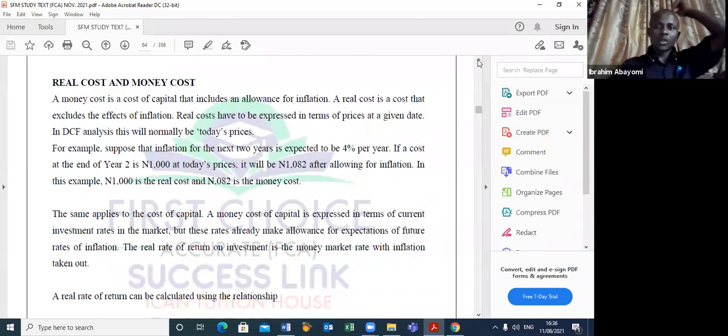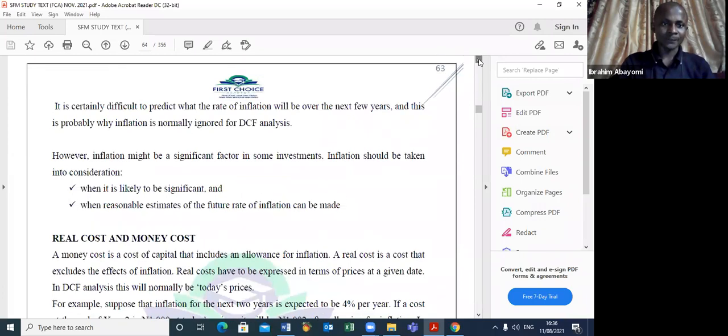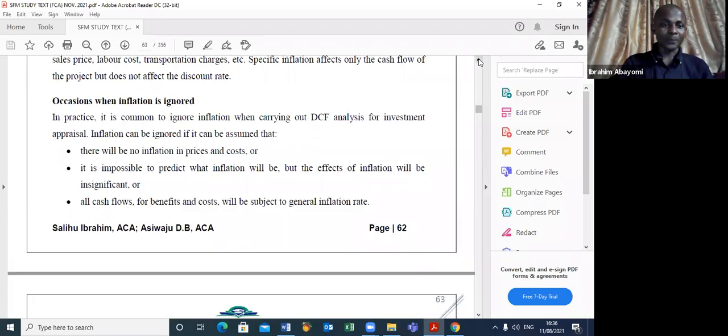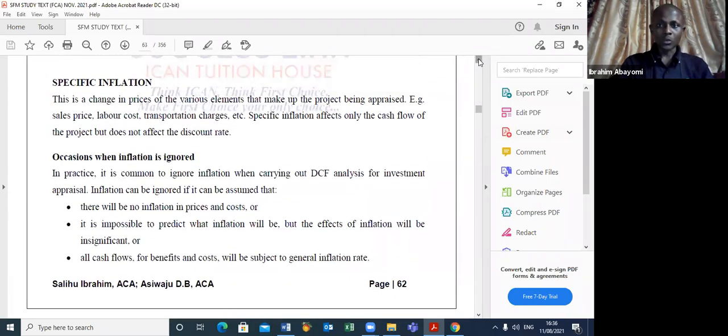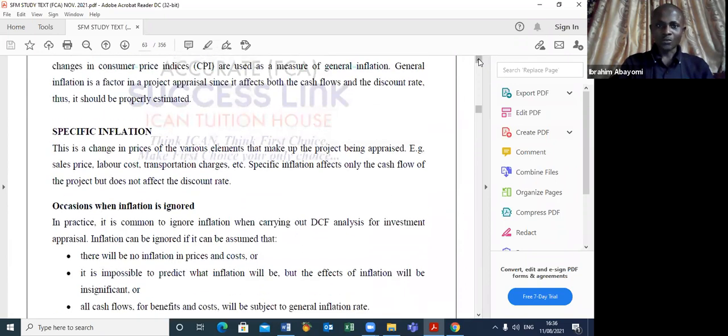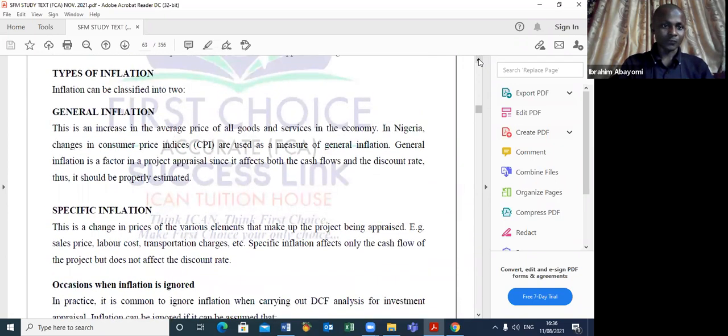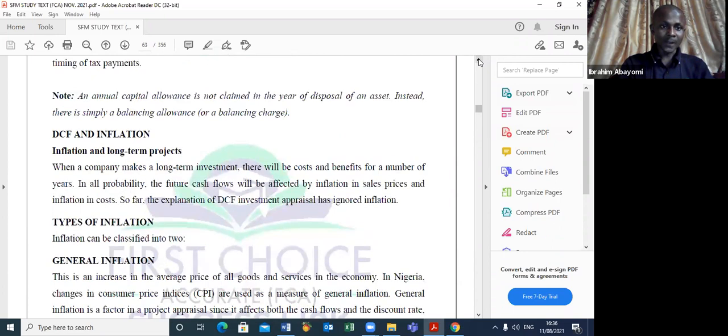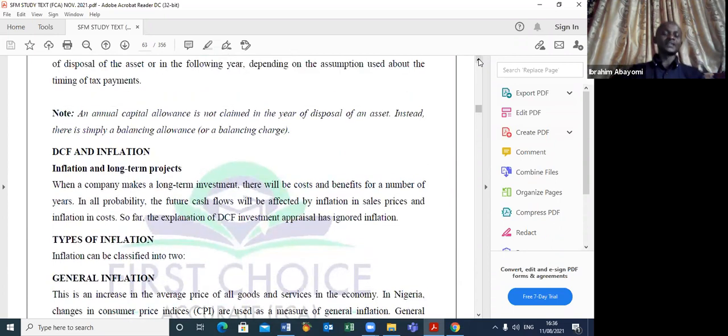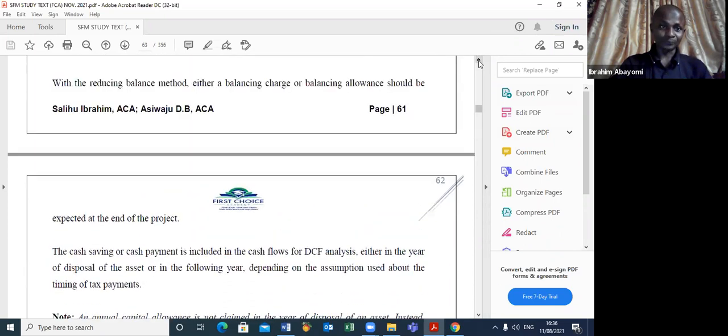Okay. So in our last class, we completed the questions on mathematics of finance, and we started the procedure for computing our net present value as one of the discounting techniques of investment appraisal.